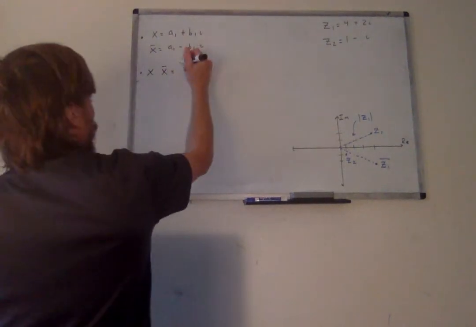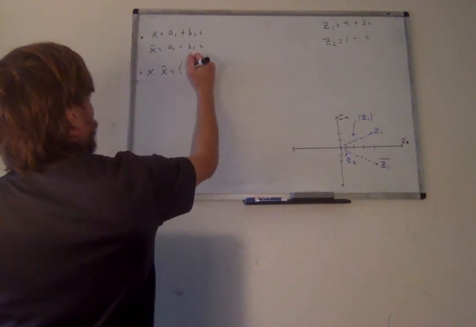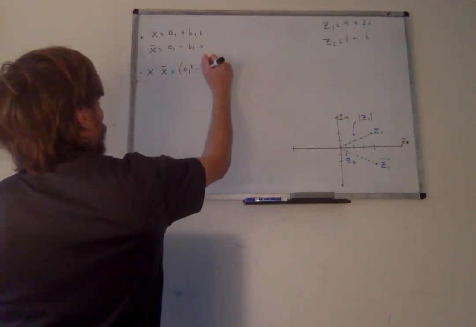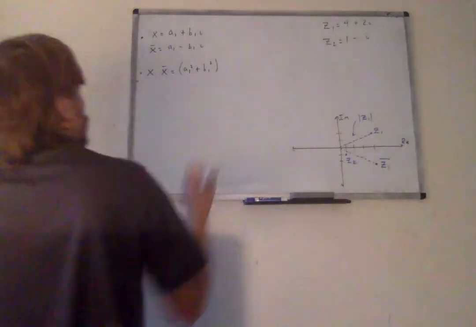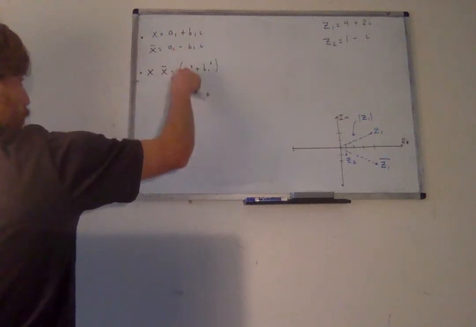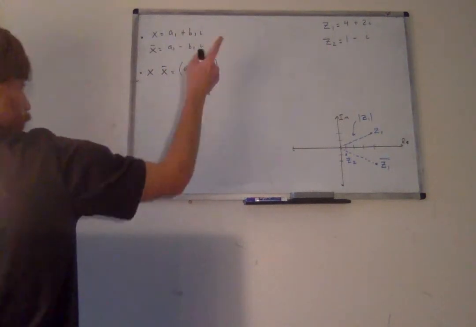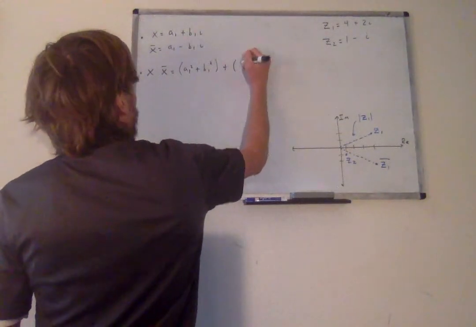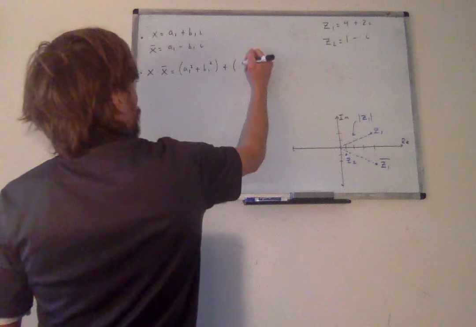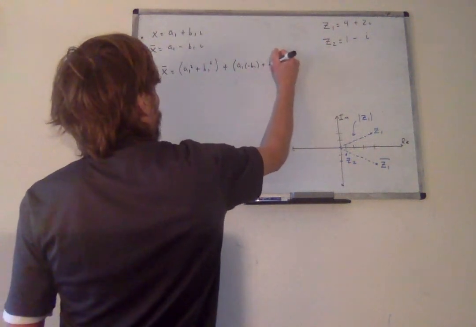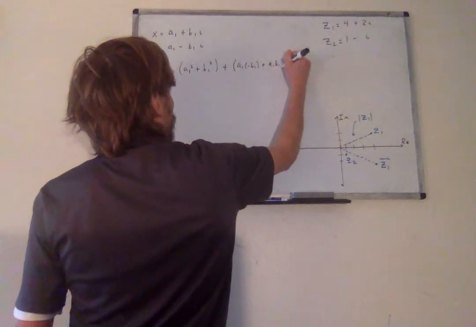Well, remember, by definition, this is equal to a1 squared plus b1 squared, right, because it's normally a1 minus b1 squared, but there's two negatives, so we get that, plus a1 times negative b1i plus a1 times b1i.